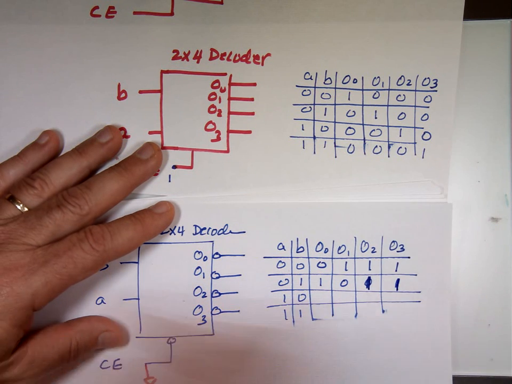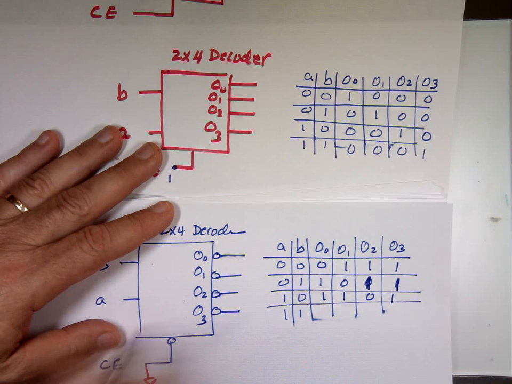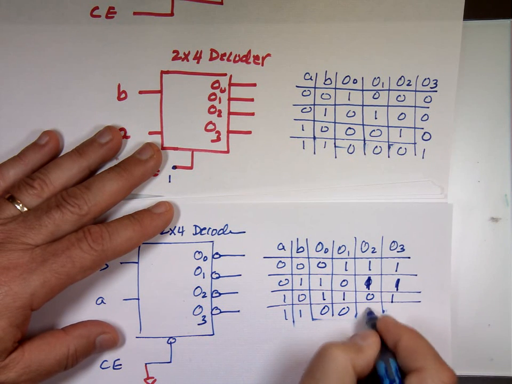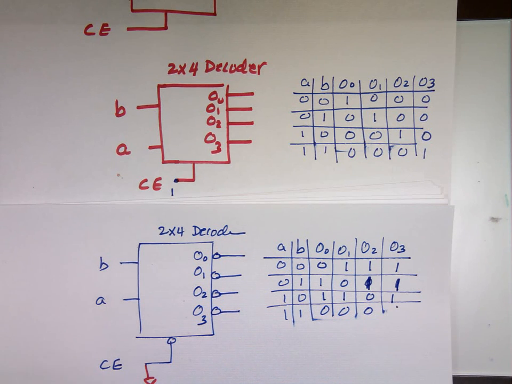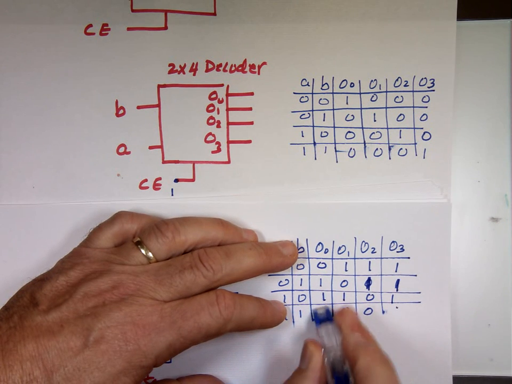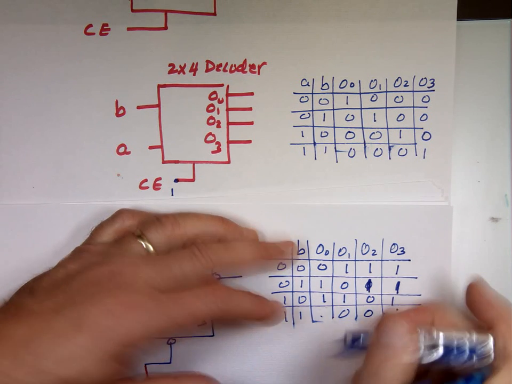Only one of them is low. And the rest will be high. And based on the value, 1, 1, 1, 0.